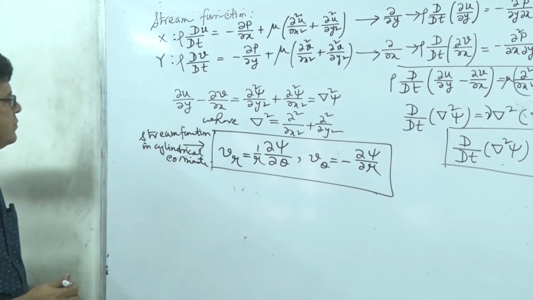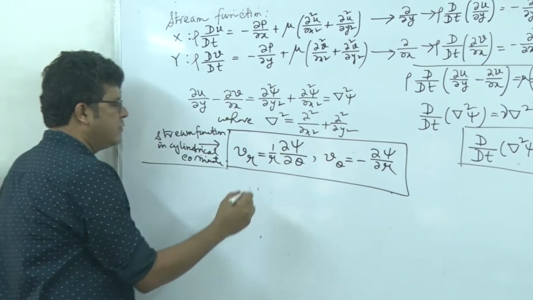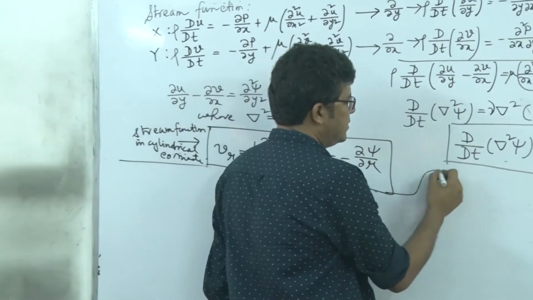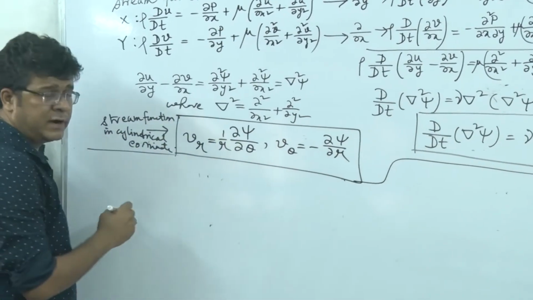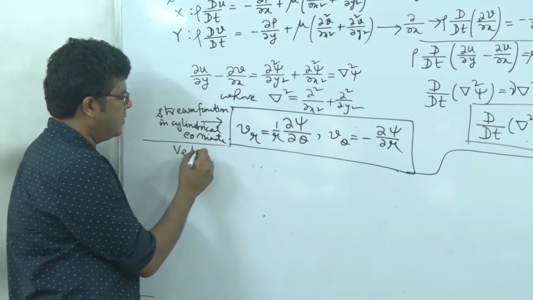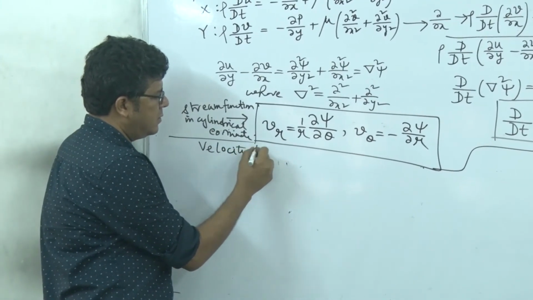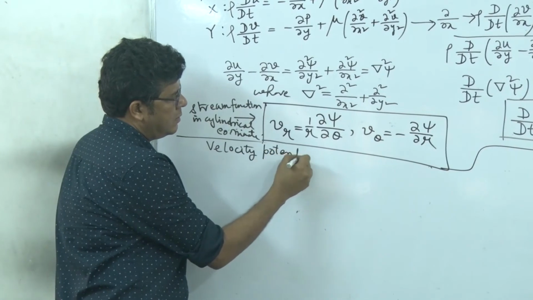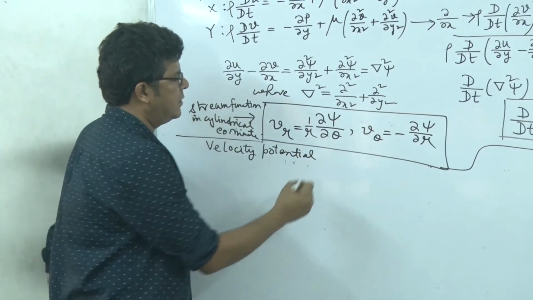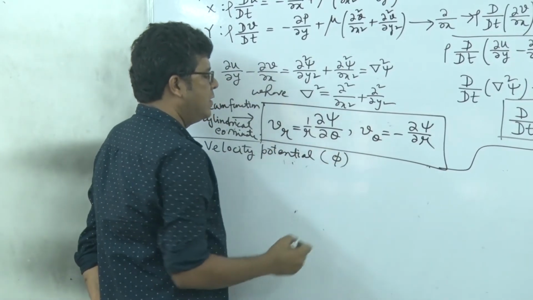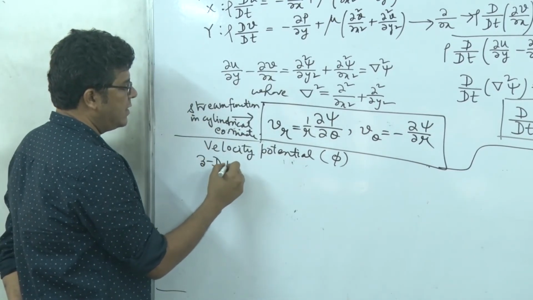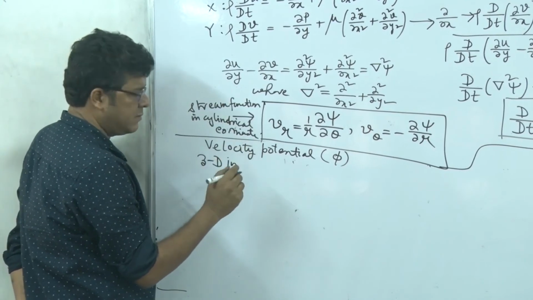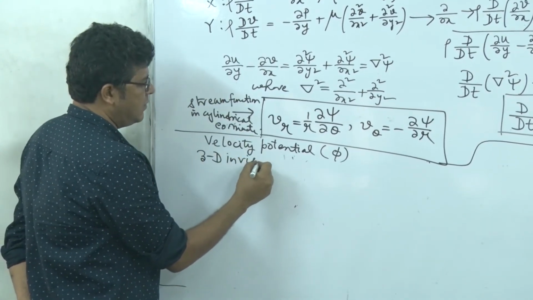Right? So now we are going to introduce another very similar function to psi, called velocity potential, represented by phi. However, this definition is valid for 3D or any dimension inviscid flow.